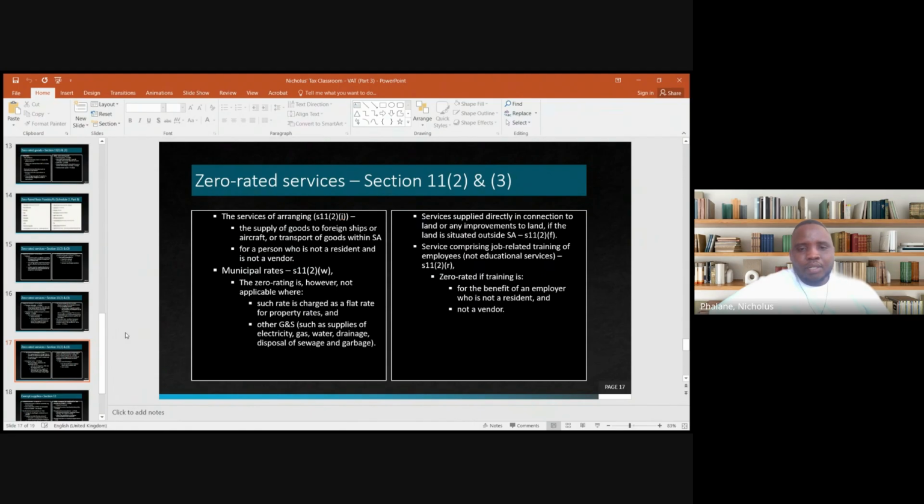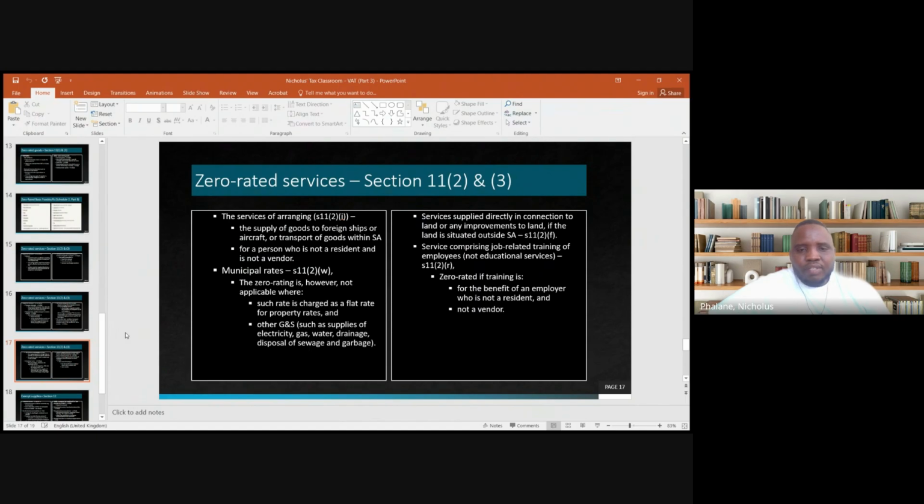Each item must be specified when they are charging, so that the municipal rates are identifiable. But once they just charge a flat rate, you won't be able to determine how much relates to municipal rates. Then in that case, they wouldn't be zero rated.